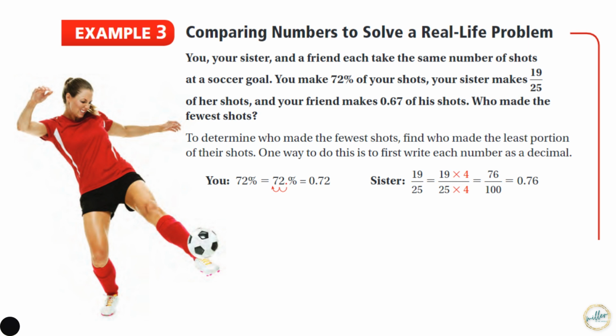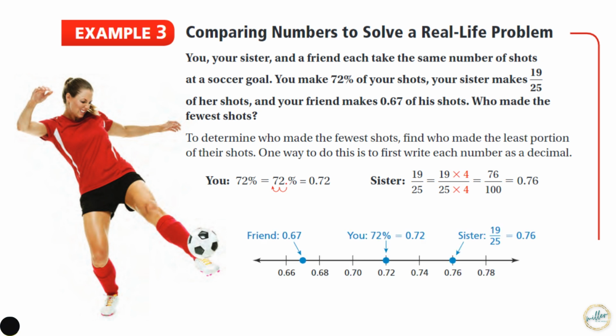We can change that to a fraction with the denominator of 100 by multiplying both the top and the bottom of the fraction by 4. So 19/25 becomes 76/100, which is equal to 76 hundredths, or 0.76. One way to compare these is to put all of them on a number line. Your friend is the one who made the fewest shots.